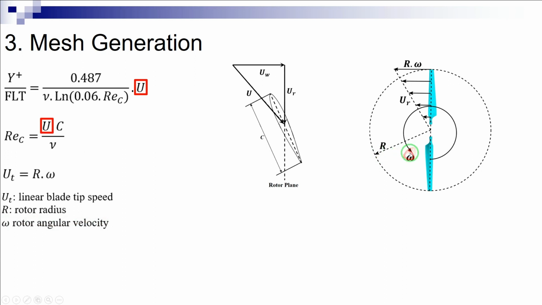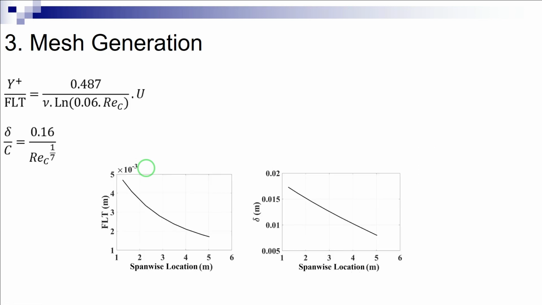Consequently, both the first layer thickness FLT and boundary layer thickness delta vary along the blade span. We use these equations to plot the distributions of the first layer thickness and boundary layer thickness along the blade span, as presented in these figures. Note that to plot the distribution of the first layer thickness along the blade span, the y plus value is assumed to be 200.